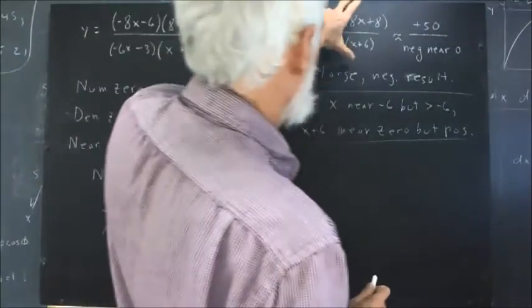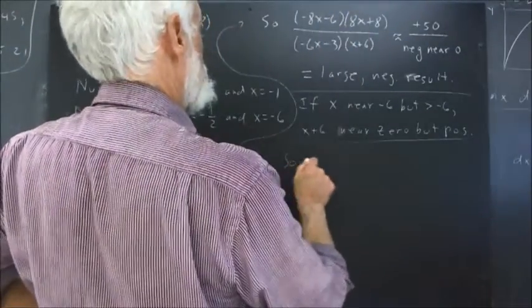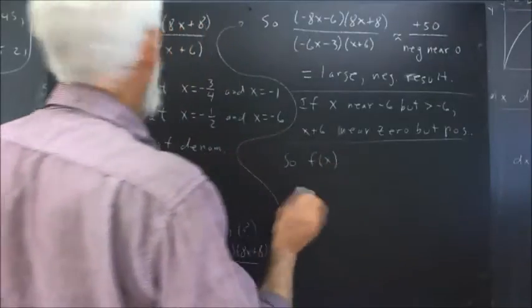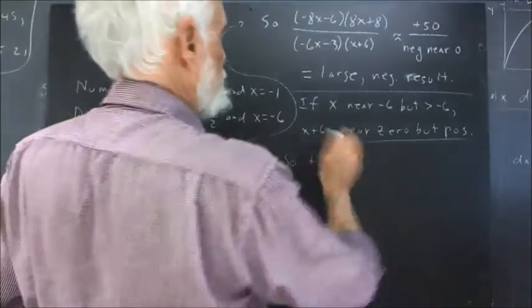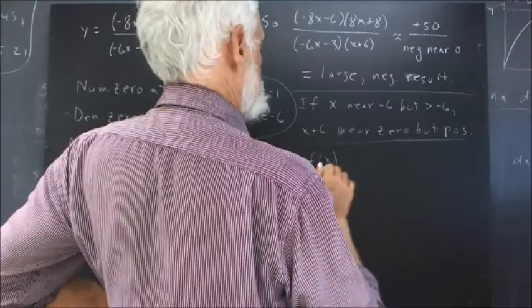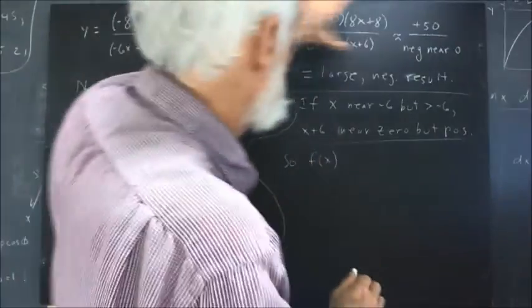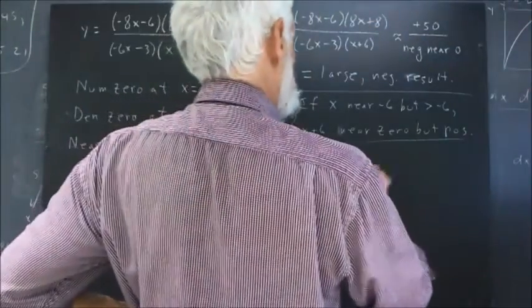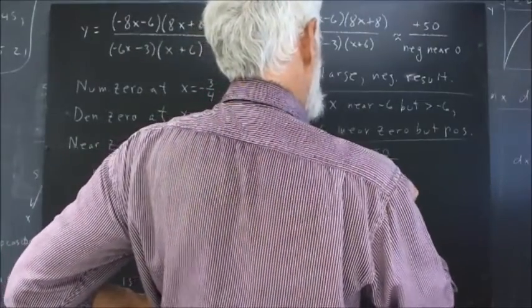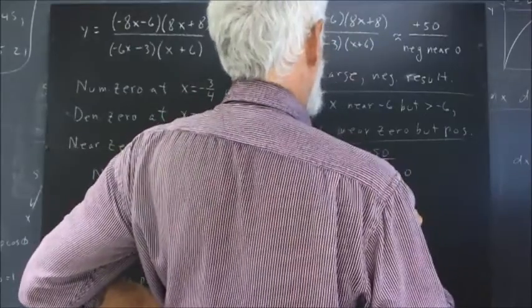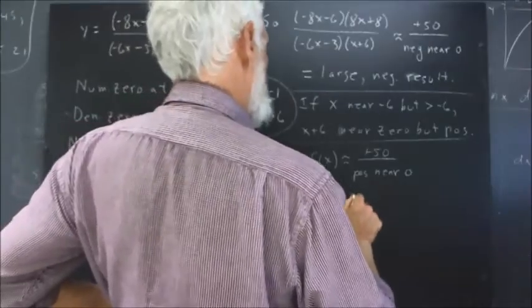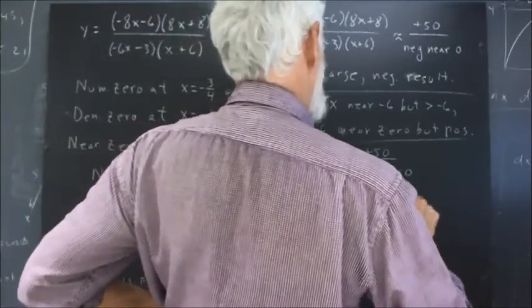And the only thing that changes in this argument is that f of x, if this is your f of x function, which would just be this expression, is approximately equal to plus 50 over a positive number near 0, which is a large positive result.